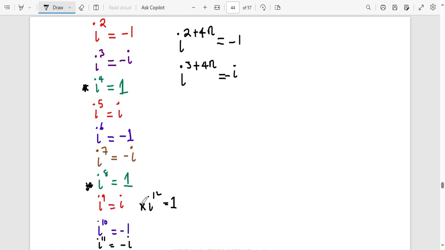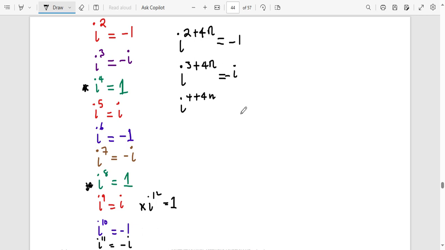So what is happening for me to move from power 4 to power 8 to power 12? We're adding a 4, right?